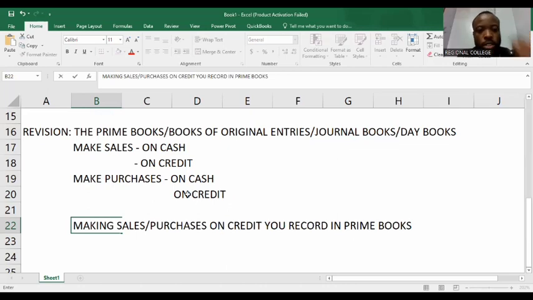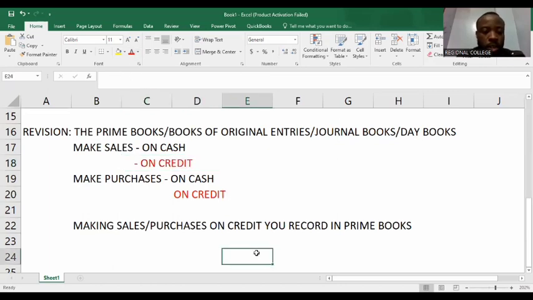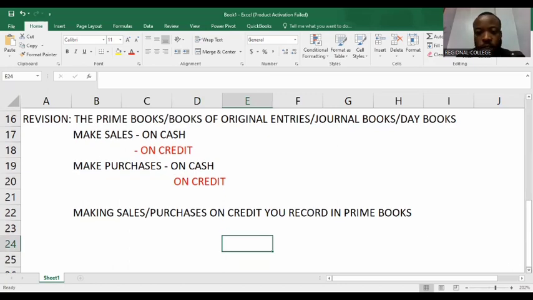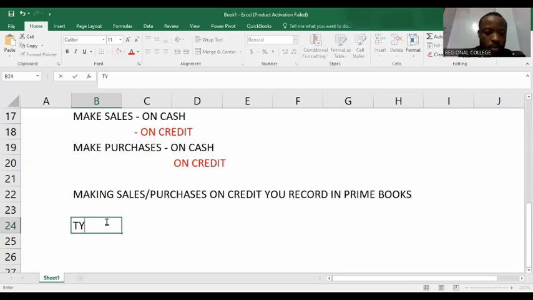So you concentrate on whatever is on credit, not on cash basis. A good student must know the types of prime books and how you can record things in them.